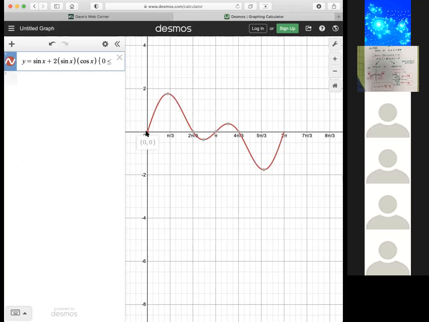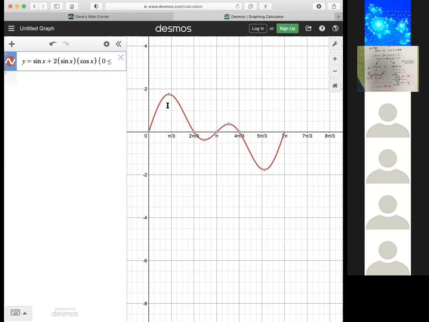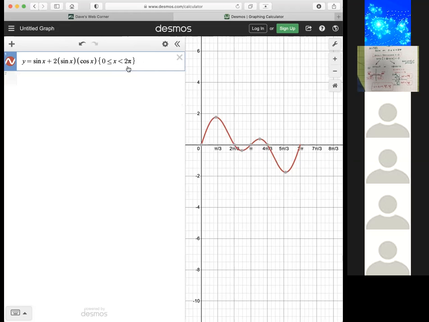So where are the answers? 0 and pi. 2 pi over 3, 0. And 4 pi over 3, 0. Notice at 2 pi, I get another answer. It's funny that it doesn't write 2 pi there because I excluded 2 pi in my instructions.